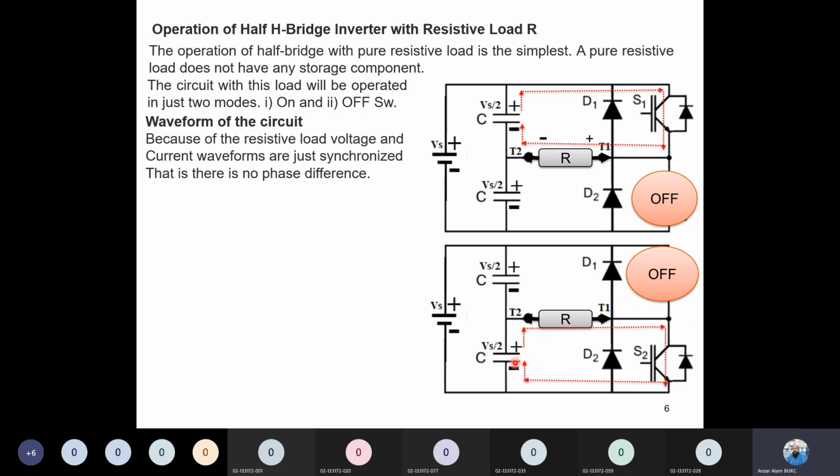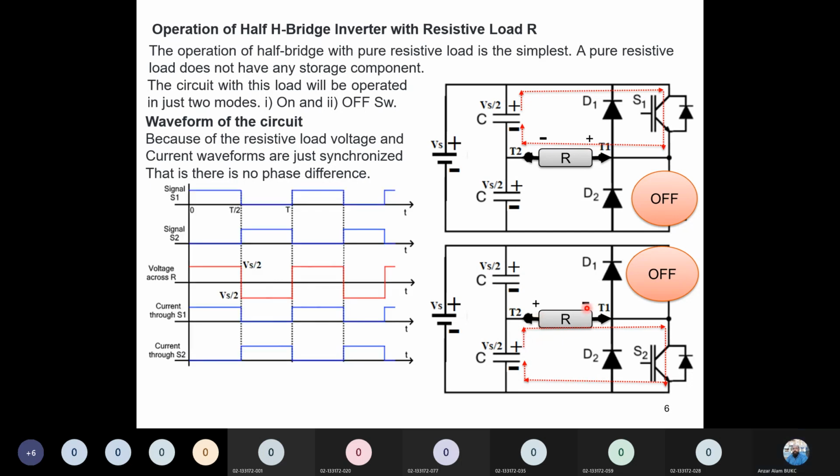So this is plus and this is minus, and the current will find its path. So in this case, what we see is the plus is at T2. This was T1 and plus is at T2, so the supply is reverse bias here. So the output voltage will be in the negative direction.